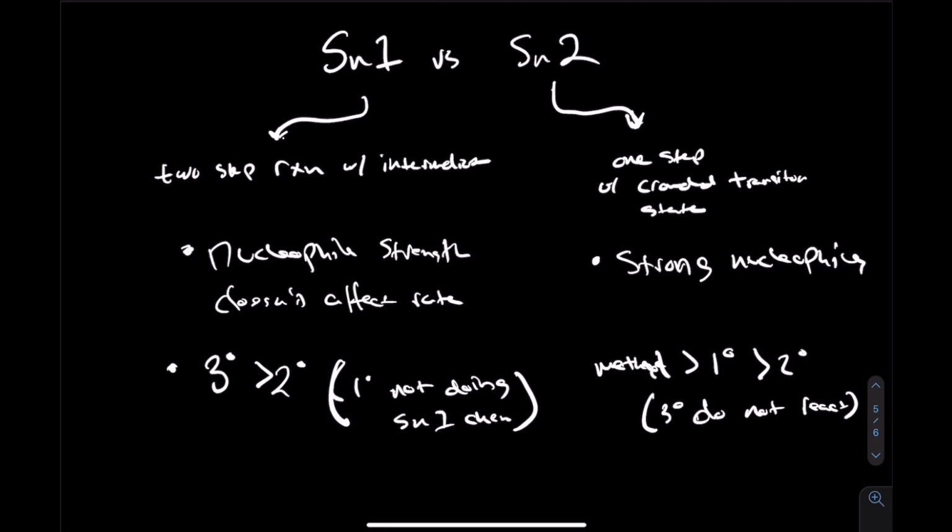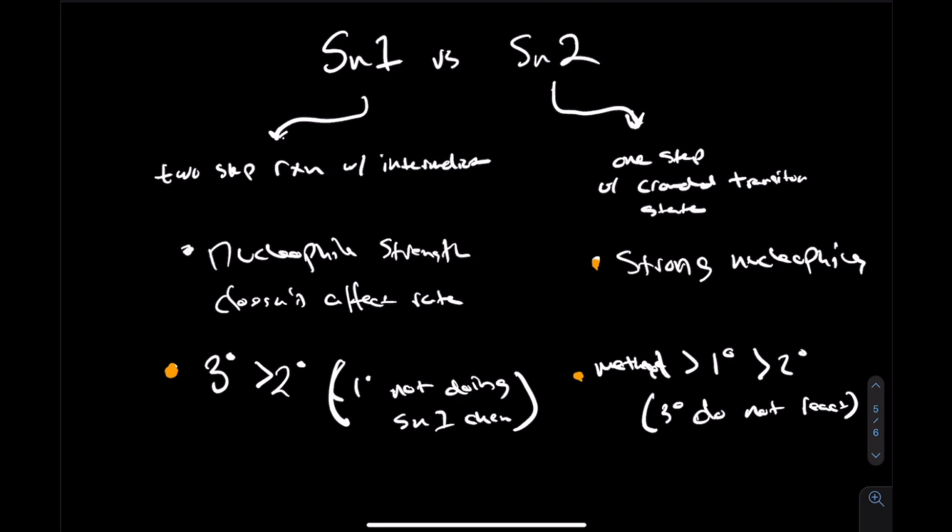All right. So in an Sn2 system, essentially, what you should see is a strong nucleophile and an uncrowded substrate. In an Sn1 reaction, you should see something that favors the formation of a carbocation, in the sense of electron donating substituents through hyperconjugation and inductive effects, for instance, tertiary centers and secondary centers.